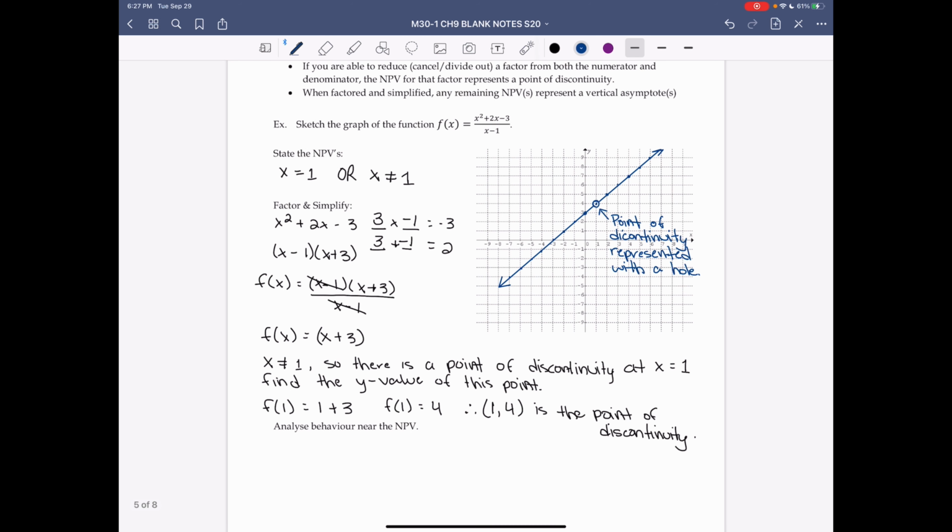Analyze the behavior near the non-permissible value, which is at x equals 1. As x approaches 1 from the left or the right, y approaches 4.